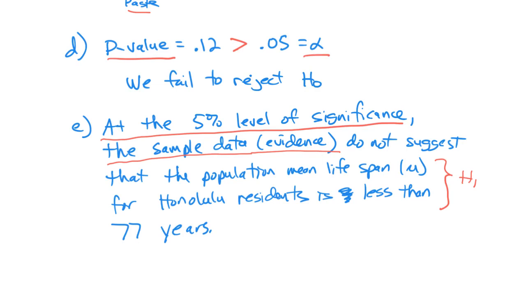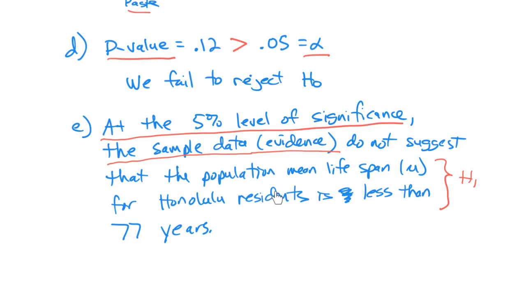Since we failed to reject H0, you know what I could say right here? I could say at the 5% level of significance, the sample data suggest H0, right? Because we're not rejecting H0. So I could just say the sample data suggest that the population mean lifespan for Honolulu residents is 77 years. So you could say that too.